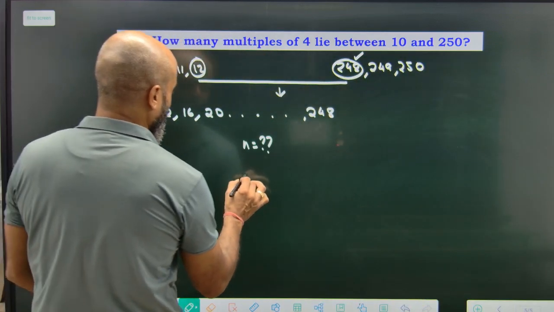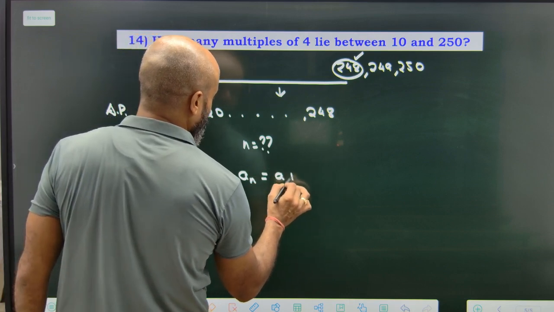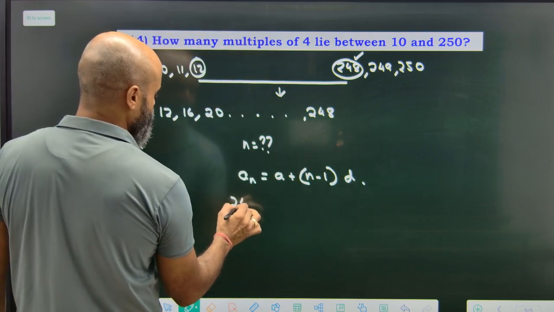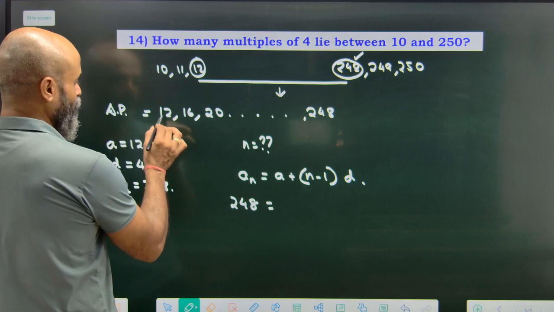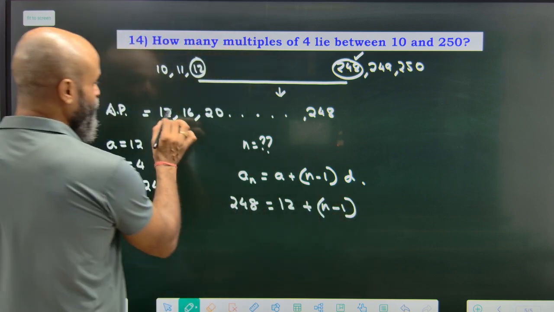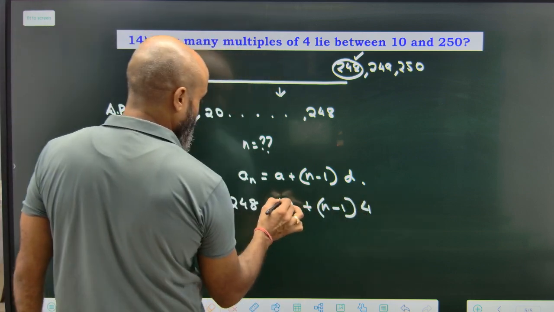So here we will do an is equal to a plus n minus 1 into d. So an here is 248, which is equal to a, that is 12, plus n minus 1 into d, which is 4.